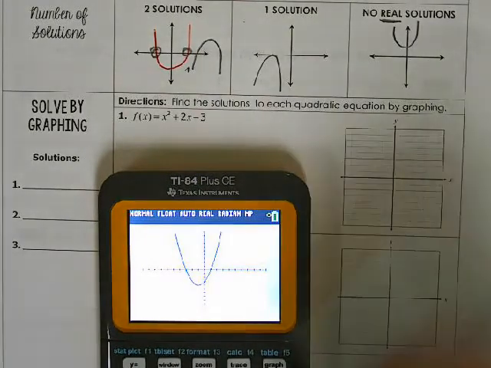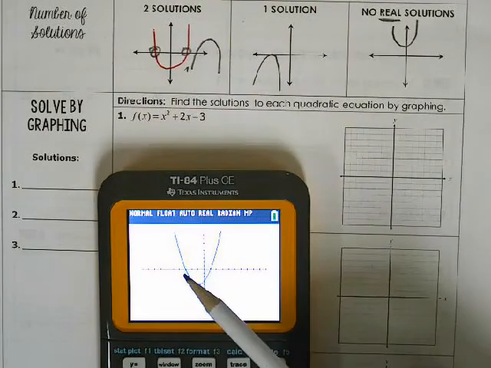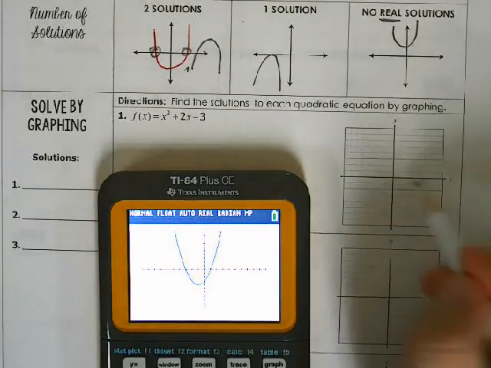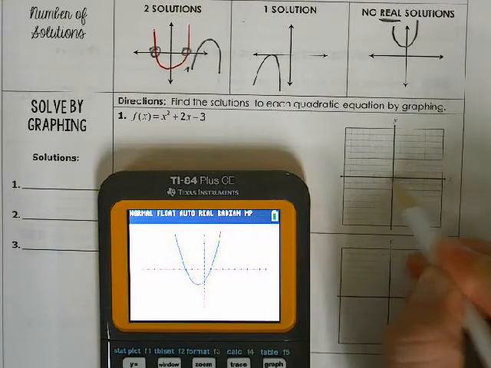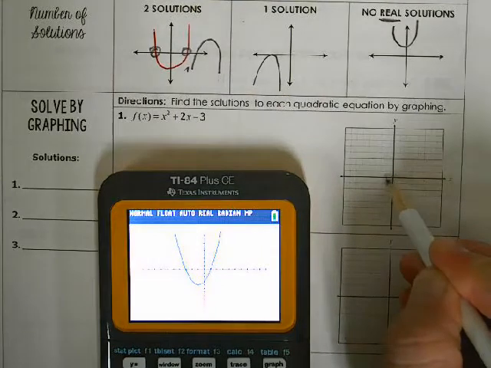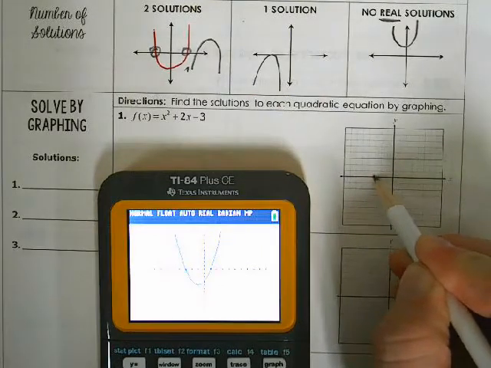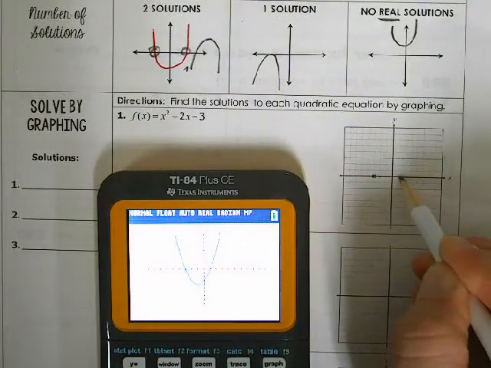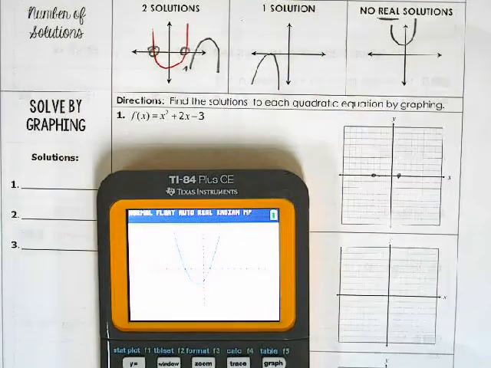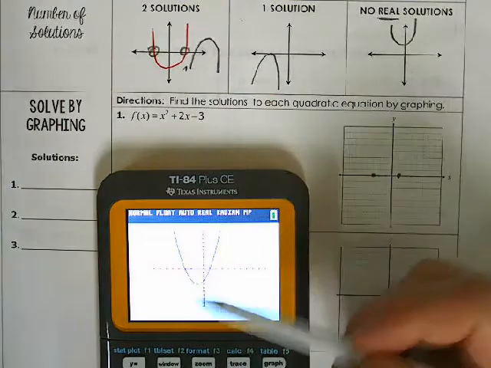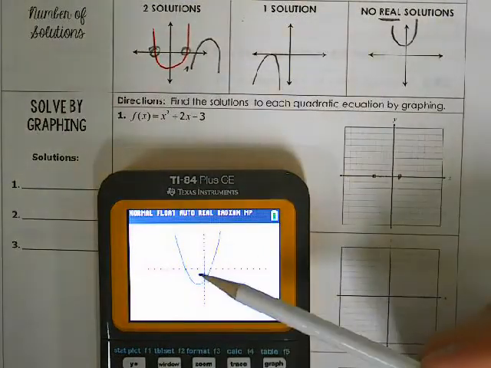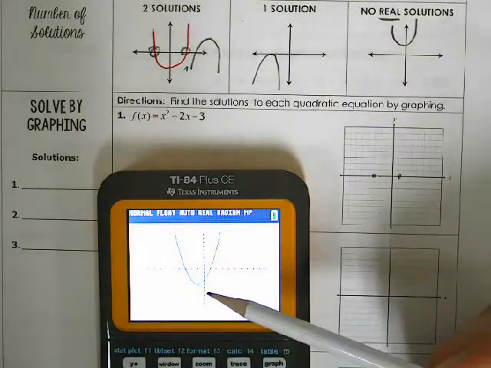It looks like here it's crossing at -3 and at +1. The vertex here looks like -1, -4.